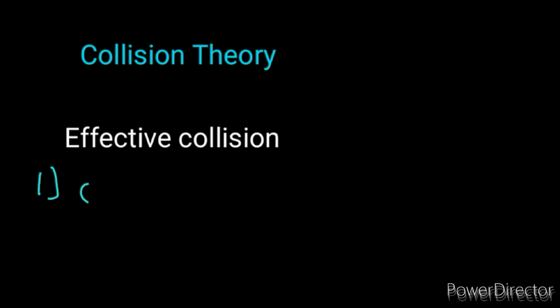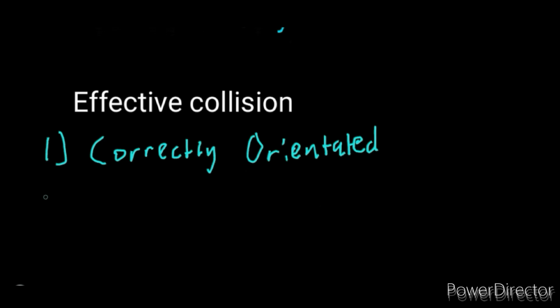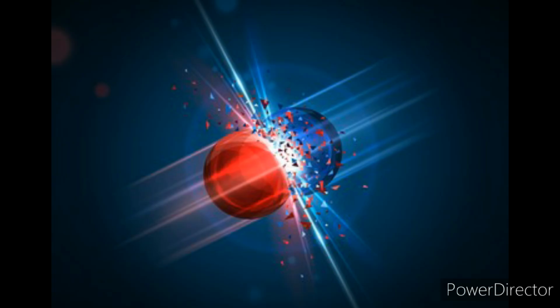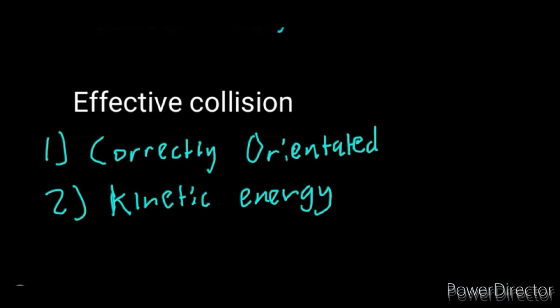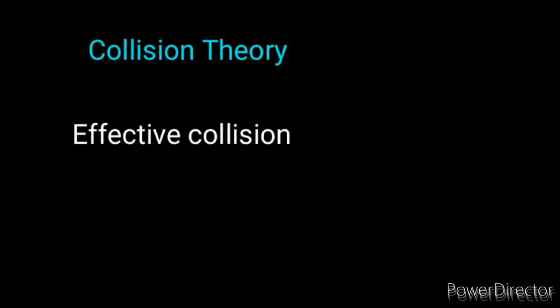Number two, they must have enough kinetic energy. Whenever two particles collide, they need to collide with enough speed for a reaction to take place. So we need enough kinetic energy. These are the two things needed for an effective collision: number one, they must be correctly orientated, and number two, they must have enough kinetic energy.